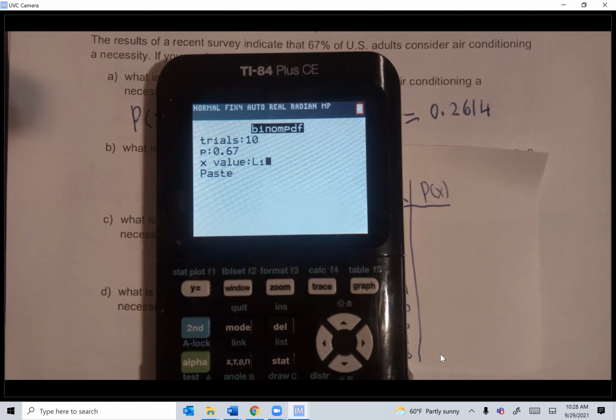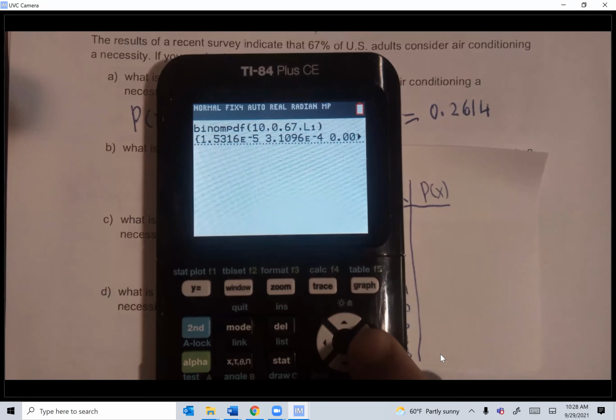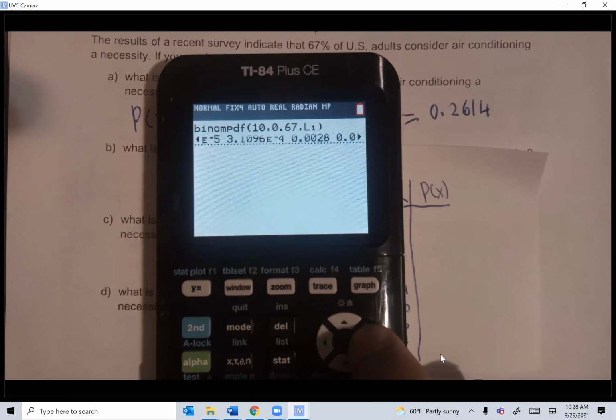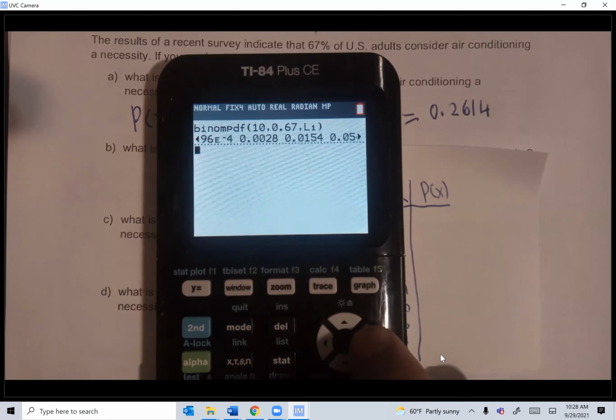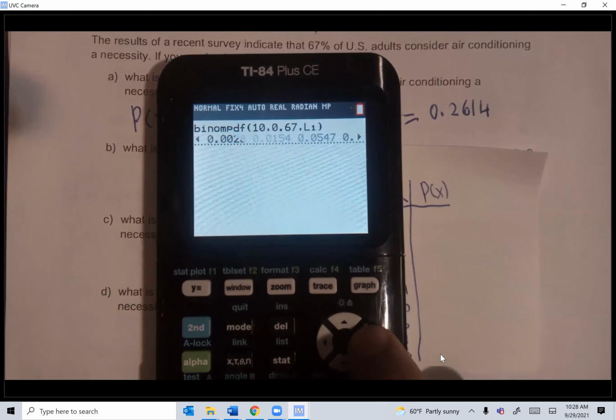And paste. Watch, guys. Ready? Enter. There you go. Look at the values. The first one is probability of x equals 0. The second one is probability of x equals 1. The next ones are probability of x equals 3, x equals 4, x equals 6, x equals 7.